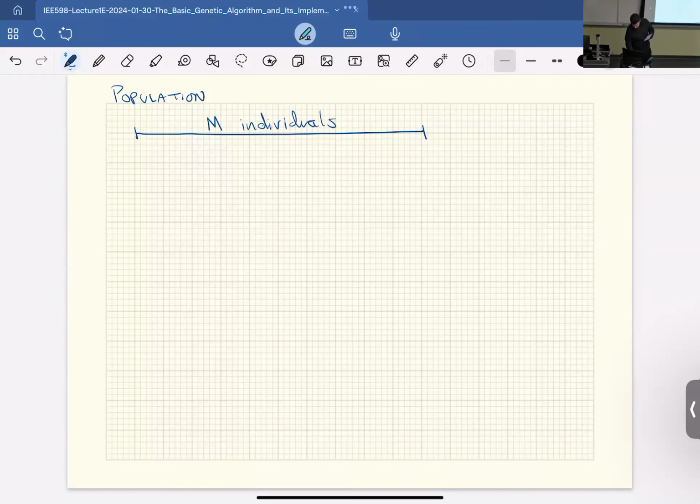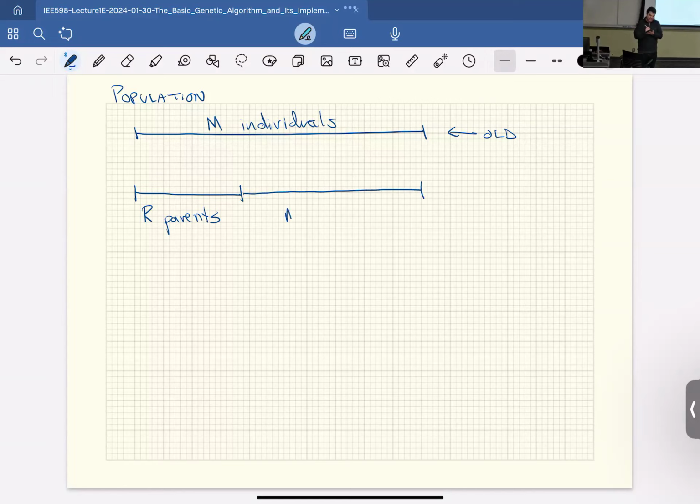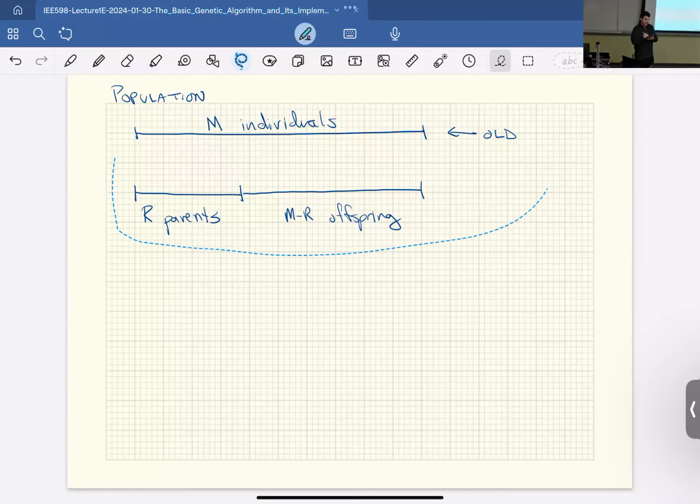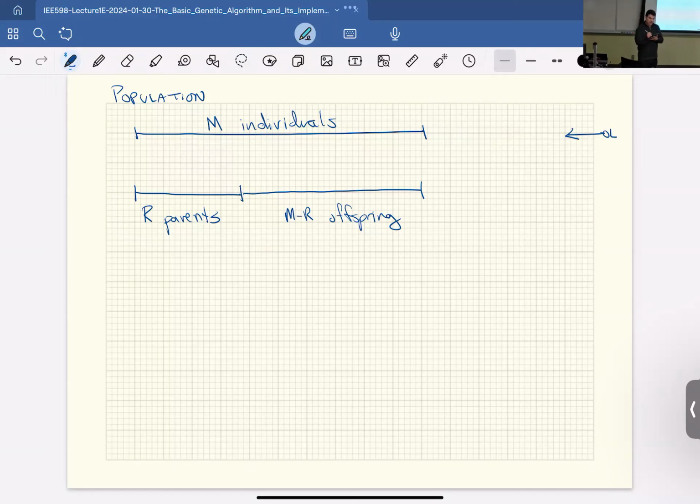And so of those M individuals in our old population, what does our new population look like? Well, it's going to have our parents and M minus R offspring. So this is our new population.